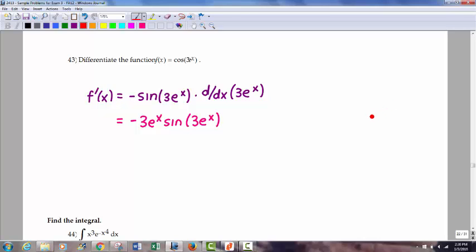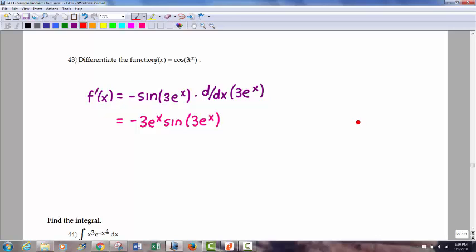Now, how about the derivative of number 43, cosine of 3e to the x? What you would look at here is essentially you're taking the derivative of cosine of u, where u would equal 3e to the x.